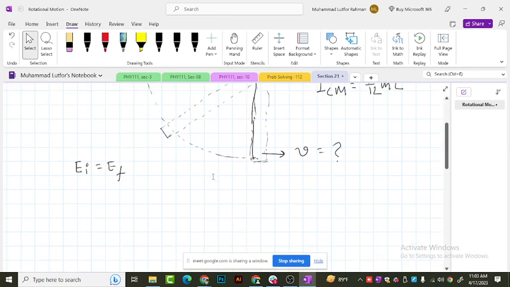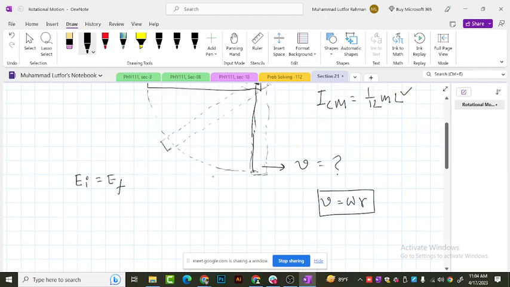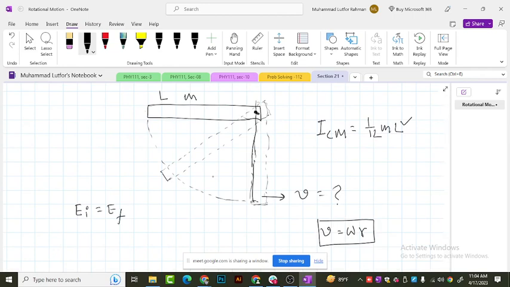Fine. To find that velocity, I could use the formula v = ωr. This is the relation between linear speed and angular speed. If I release the meter stick from that point, it makes a circular motion.